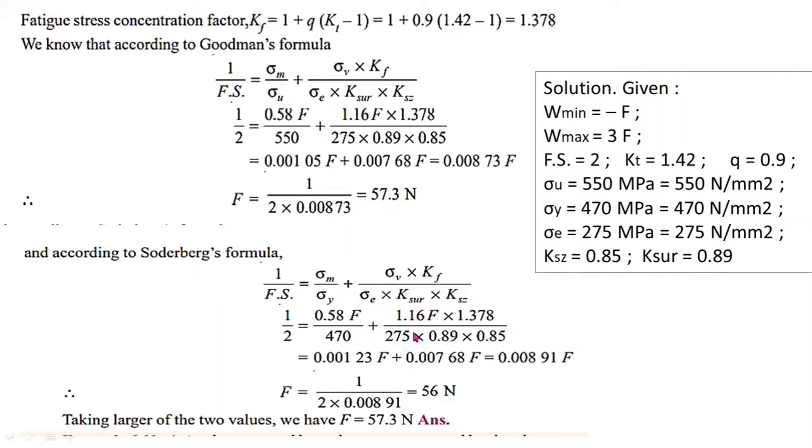Substitute these values in this equation, you can get the value of F equal to 56 newtons. According to Soderberg equation, F equals 56 newtons. According to Goodman's equation, F equals 57.3. Taking the larger of these two values for design purpose, this one is the larger value.